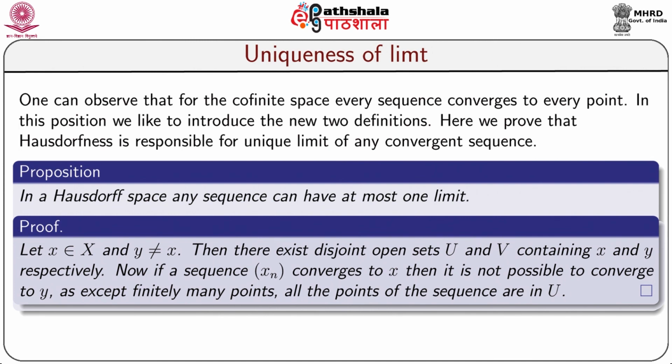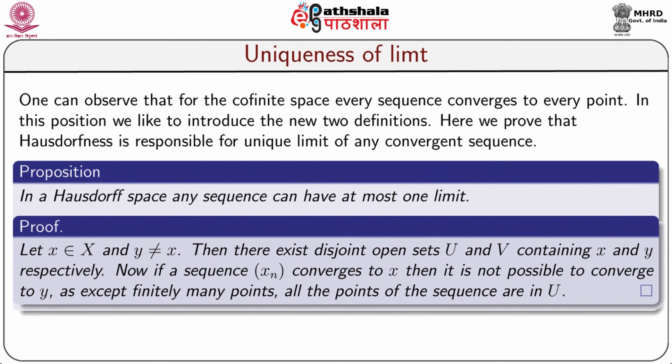Now, we observe that in a cofinite space any sequence converges to any point. Why does this happen? This happens because the cofinite space is not a Hausdorff space, but in a Hausdorff space a sequence can converge to at most one limit.